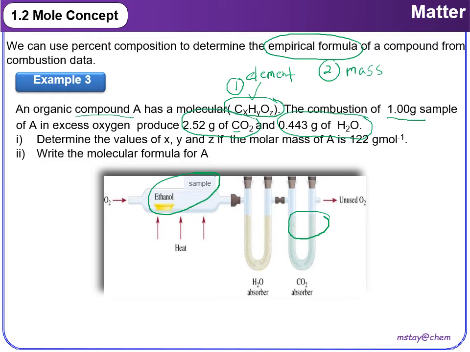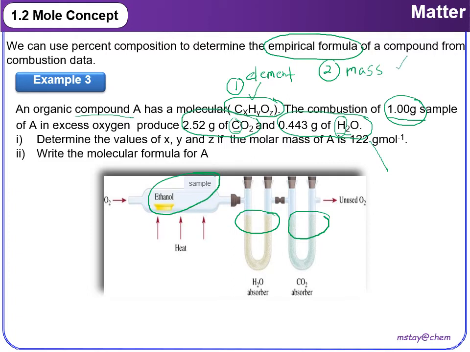Meanwhile, the hydrogen in the sample will be absorbed by this water absorber, which means all the hydrogen is contained in the water. So after we get the mass of carbon and hydrogen, we use 1 gram minus the mass of carbon and then minus the mass of hydrogen. The remainder will be the mass of oxygen.